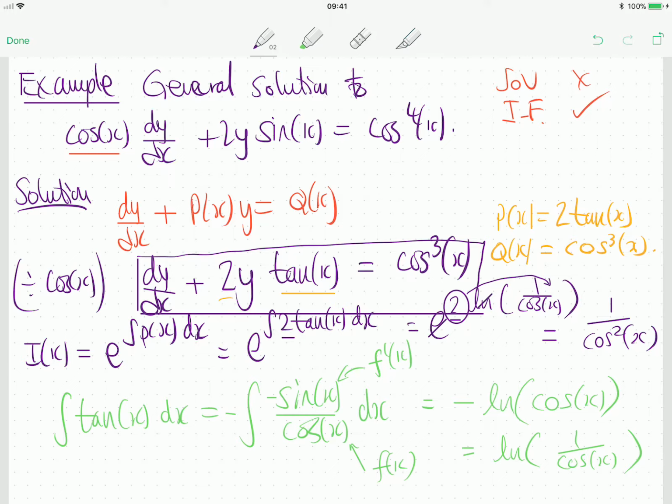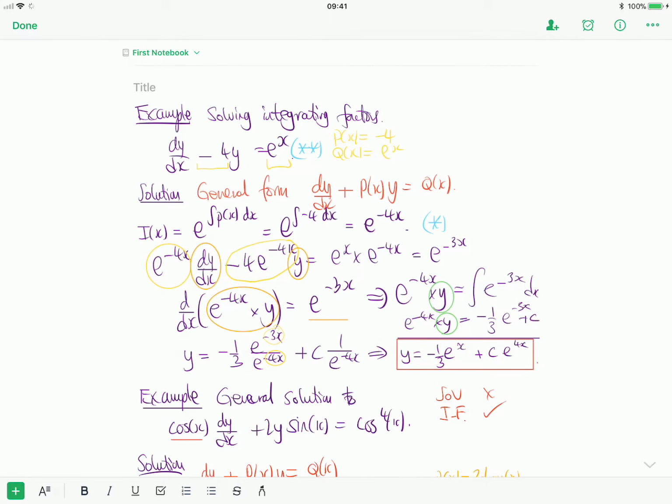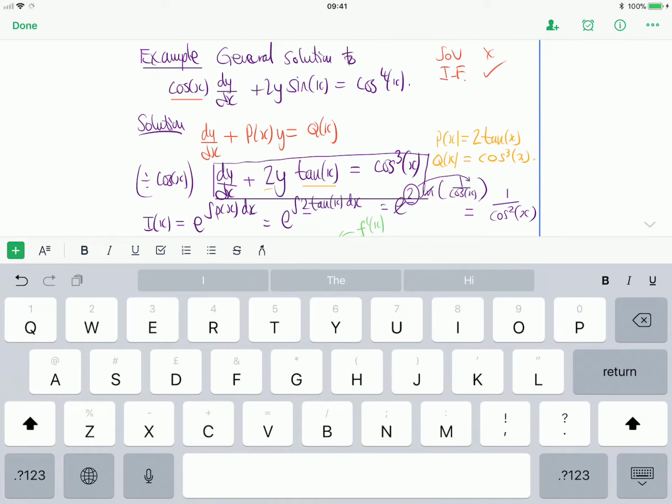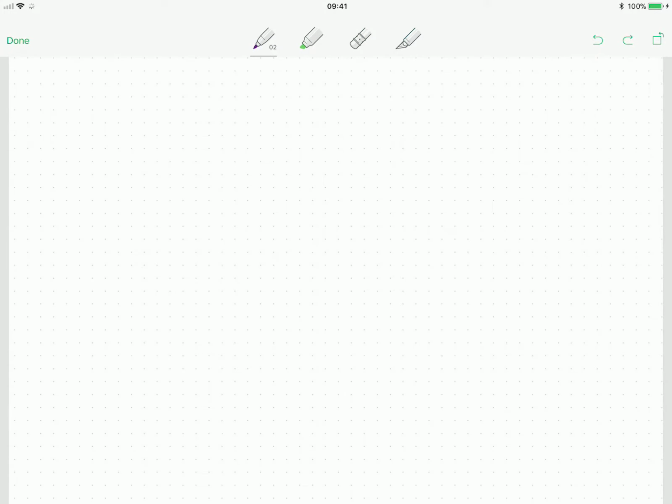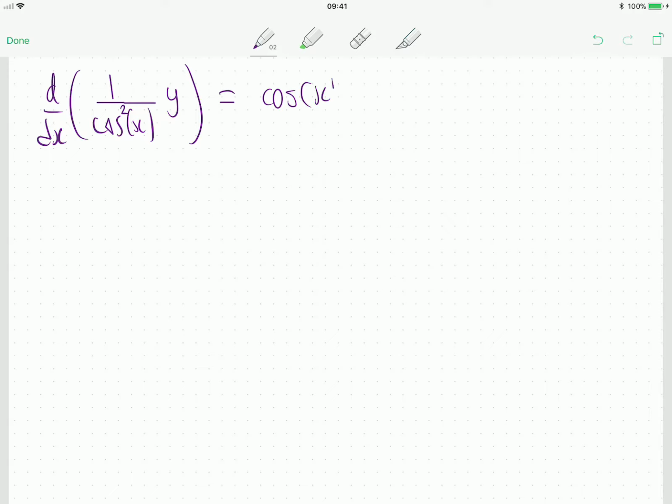So let's write that. Let's do it on a clean page. So we have the left-hand side is the integrating factor times y. That's always true. And the right-hand side is cos to the power 4 times 1 over cos squared, so cos to the power 3 divided by cos squared, which is just cos.